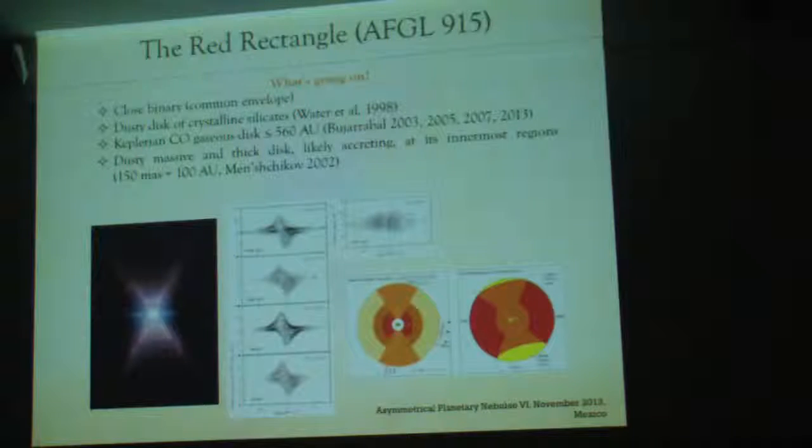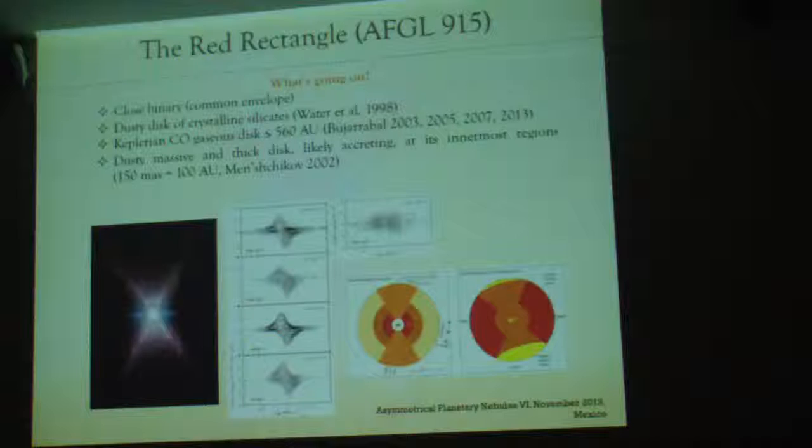But I would like to talk about the Red Rectangle, this emblematic source that many of you know and some of you have worked with. What's going on in the innermost regions of this peculiar source? We know that the Red Rectangle has a close binary common envelope progenitor. It has a dusty disk of crystalline silicates.